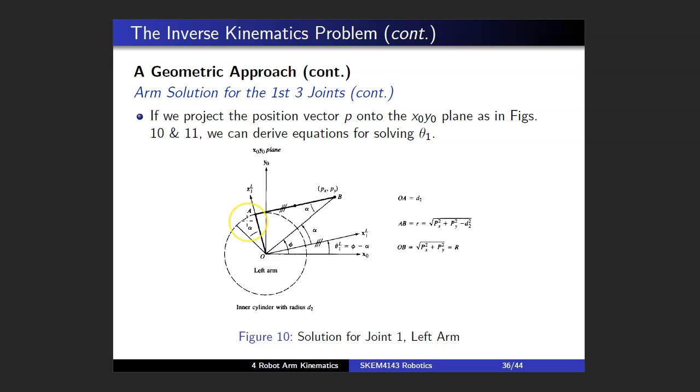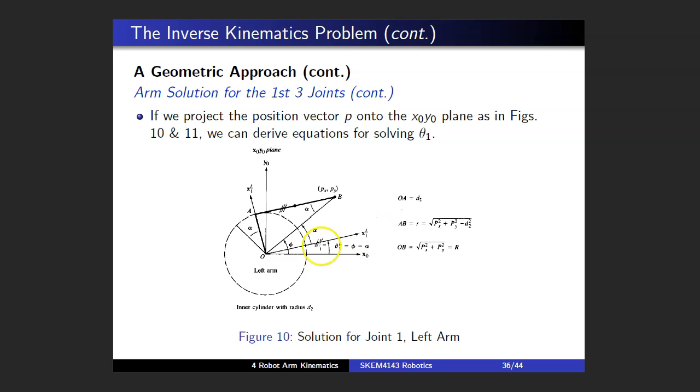Again, you can compare this with figure 2 for better understanding. OA is D2. D2 is one of the DH parameters, and this is the distance between coordinate frame 1 and coordinate frame 2. In other words, how much we have to move in Z1 such that X1 and X2 are on the same line.